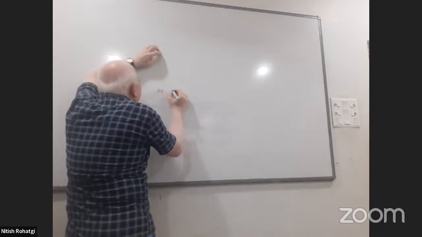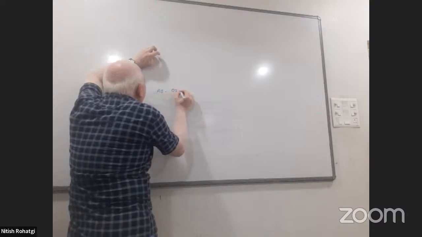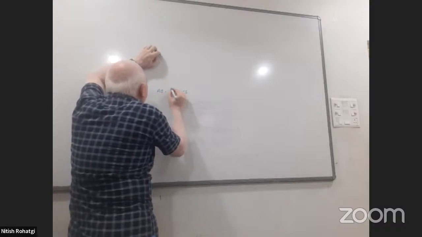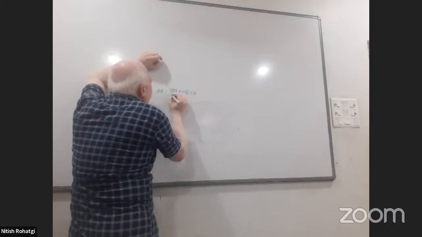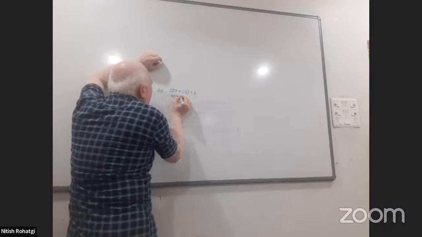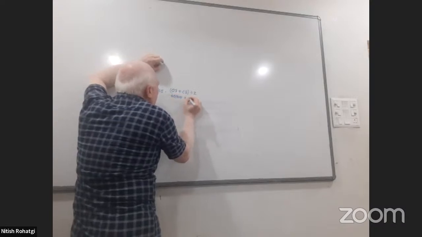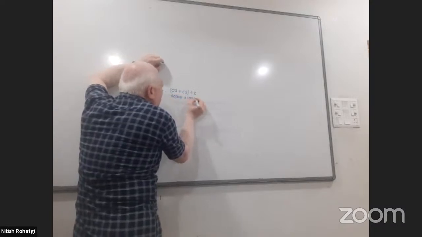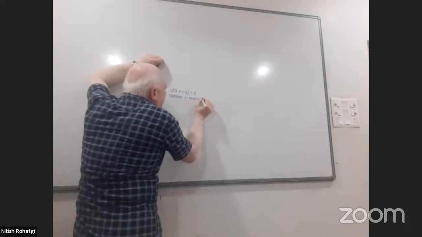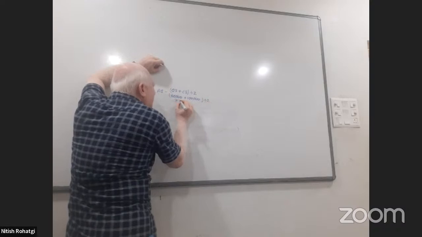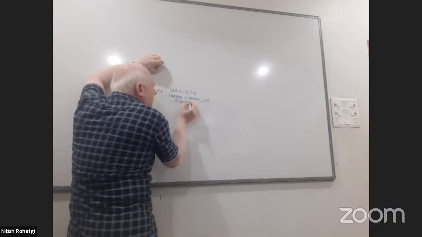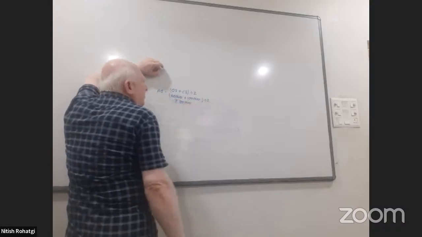Average stock is equal to opening stock plus closing stock divided by 2. So opening is 60,000, closing is 1 lakh, divided by 2. ये हो गया 80,000. Yes or no? हुआ ना?